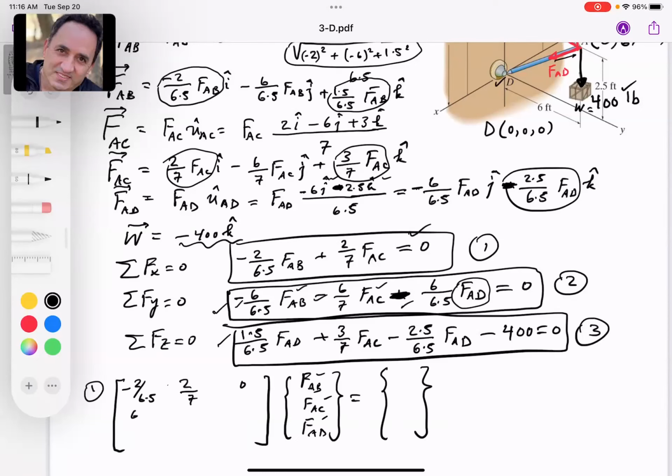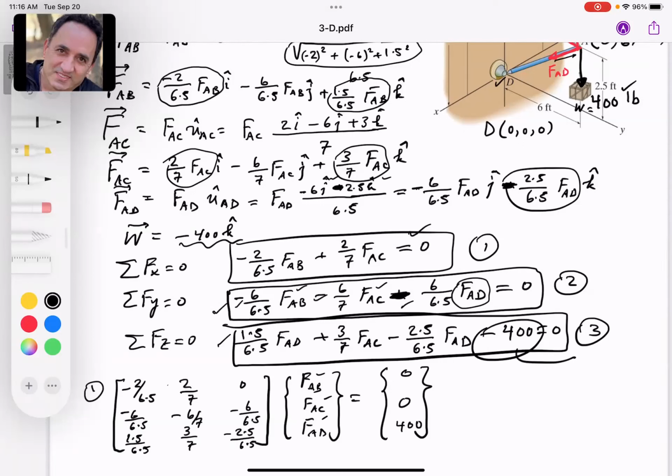And then we have a full row here: minus 6/7 and minus 6 over 6.5. Finally, a 1.5 over 6.5, a 3/7, minus 2.5 over 6.5. By the way, when you go to MATLAB, you have a 0, 0. I'm going to take this guy to this side, so it becomes a positive 400.